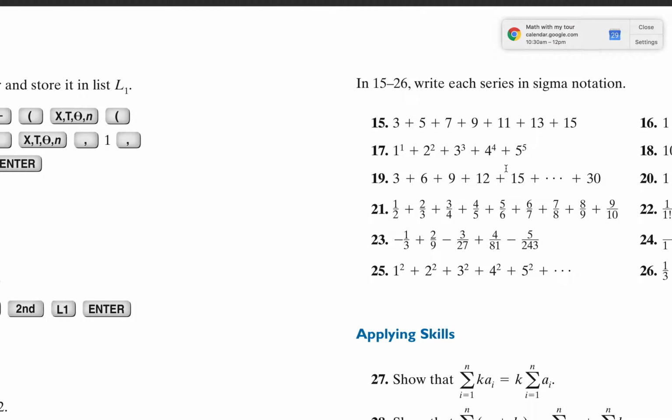The common difference is 2. But I would like to know what is the common term or the general term, the term written in the brackets in sigma notation.